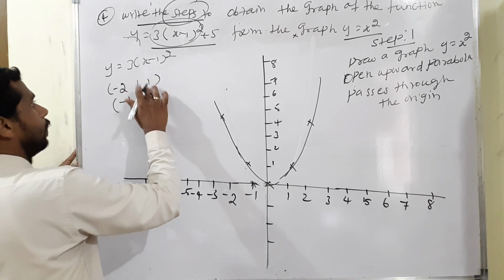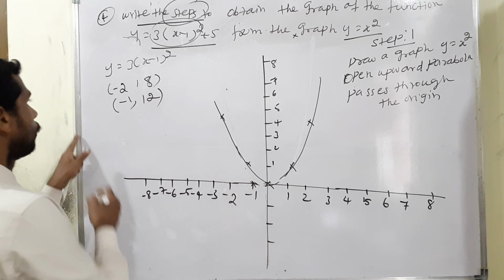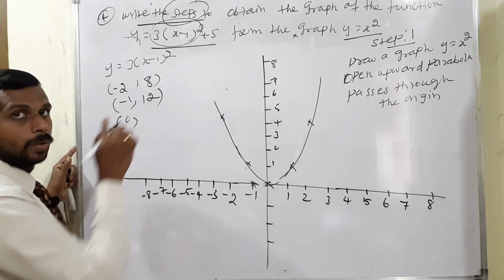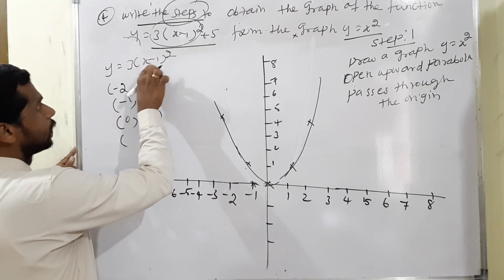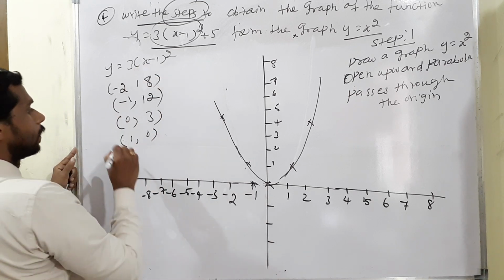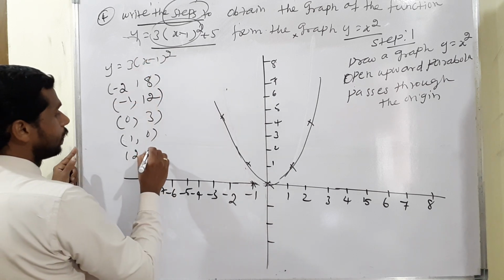Next condition, then 0: 0 minus 1, minus 1 the whole square means 1, 1 three is 3. Again positive 1: 1 minus 1 is 0, so 1 comma 0. For 2: 2 minus 1 is 1, 1 square is 1, 1 three is 3.